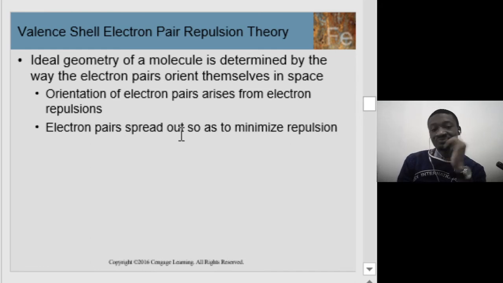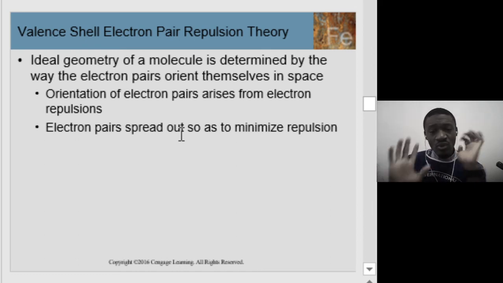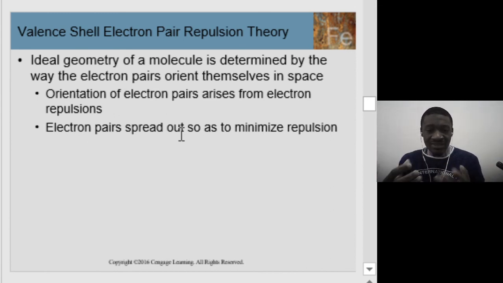So we have the VSEPR theory, and I told you previously, now we're looking at it. It's your valence shell electron pair repulsion theory. What it simply means is that there's a theory that explains the shape of a molecule or compound on the strength of the electron pairs that are present or absent.